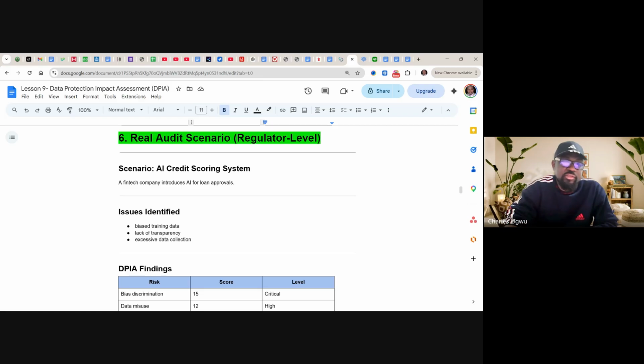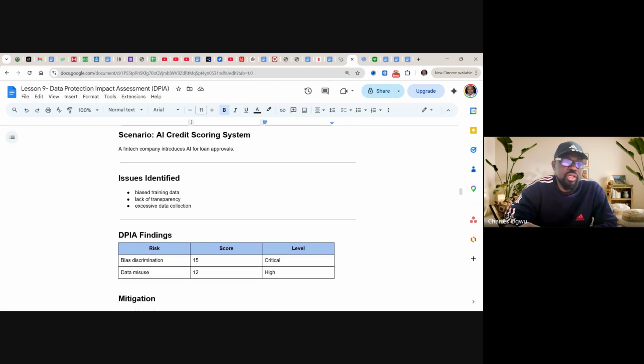This is very dangerous. So in a situation like this, you're a data protection officer. Because if AI makes a mistake and approves a loan for a fraudster and the person makes away with the money, you can see how risky it is.